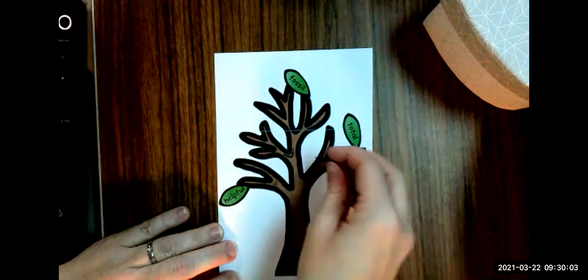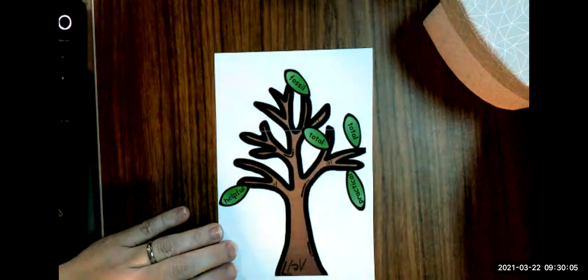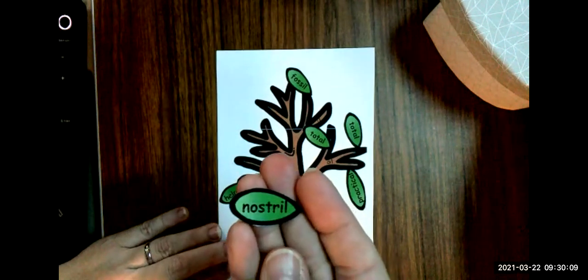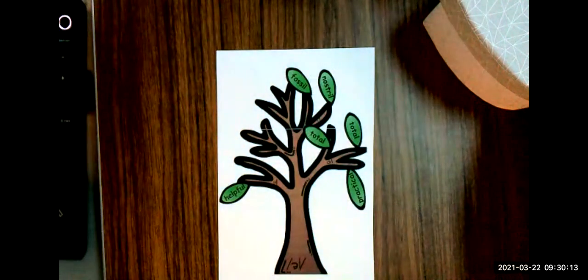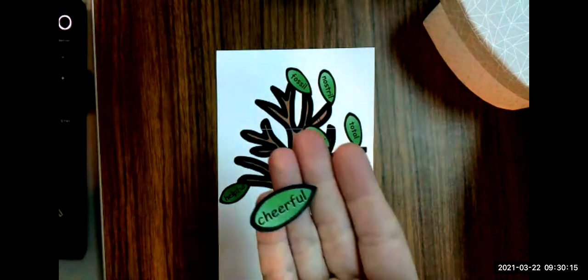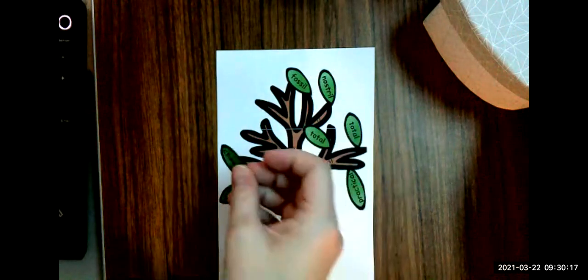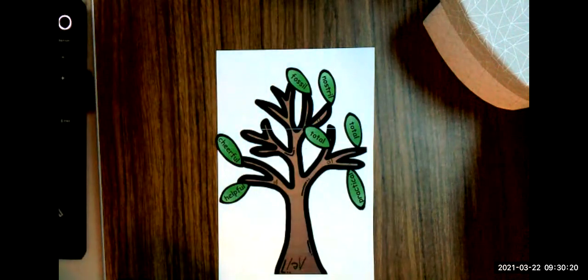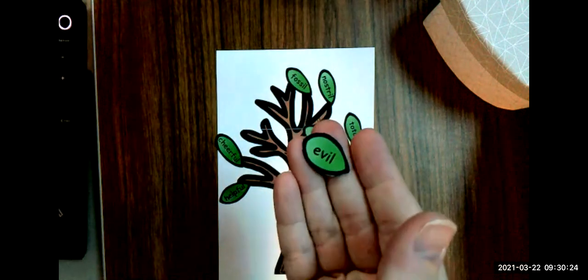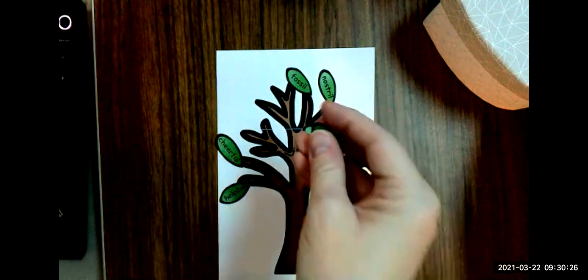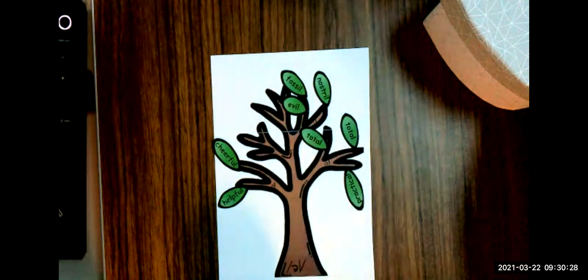Total should go right here with A-L. We have the word nostril, should go with the I-Ls. Cheerful goes with the U-Ls. Oops, upside down. Evil goes with the I-Ls.